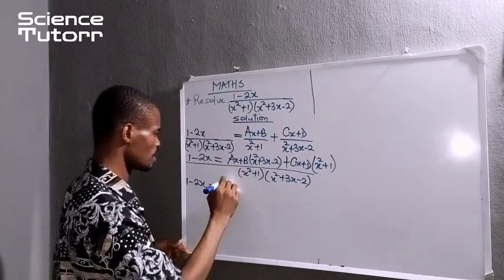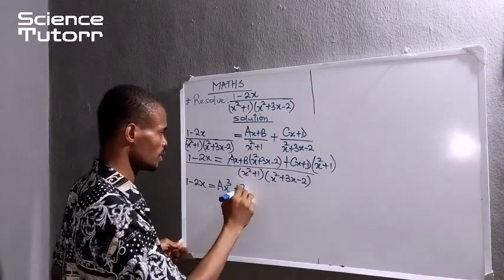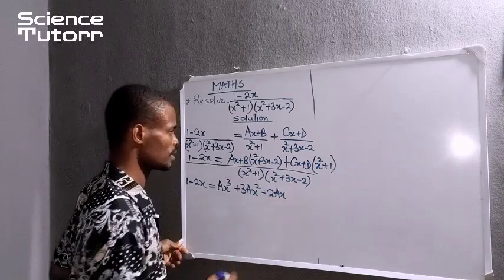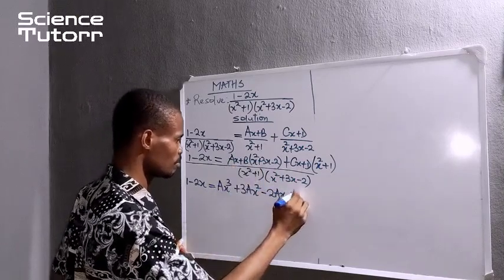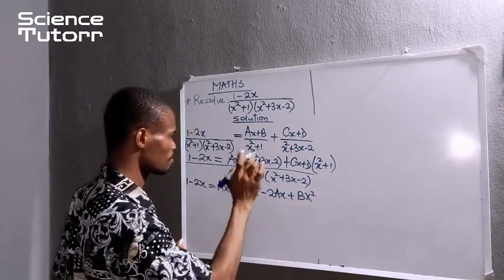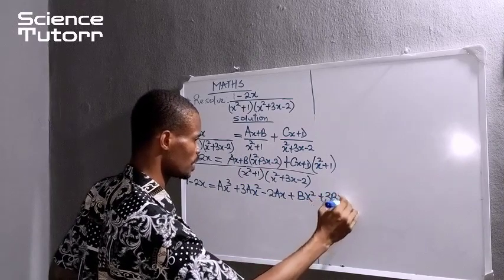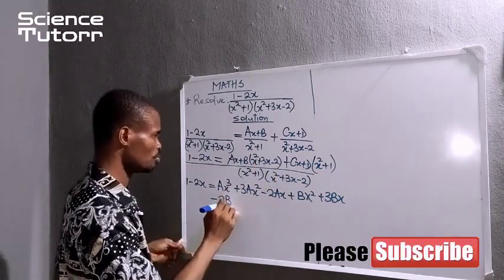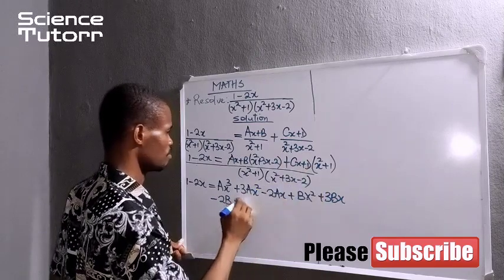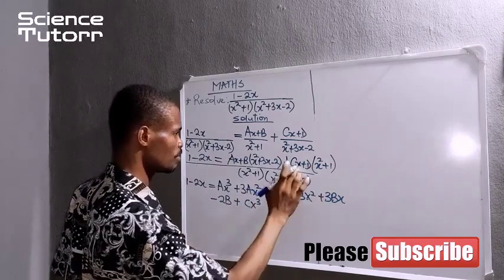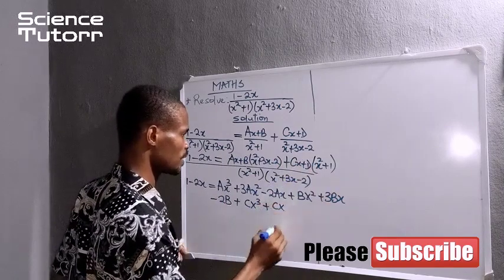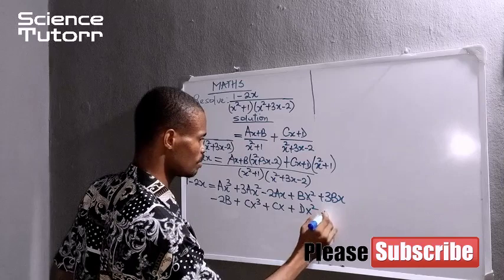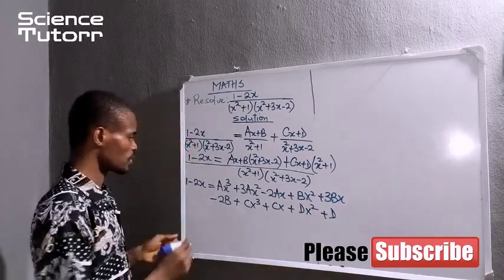So we have ax cubed plus 3ax squared minus 2ax plus bx squared plus 3bx minus 2b plus cx cubed plus cx plus dx squared plus d. So we collect like terms.